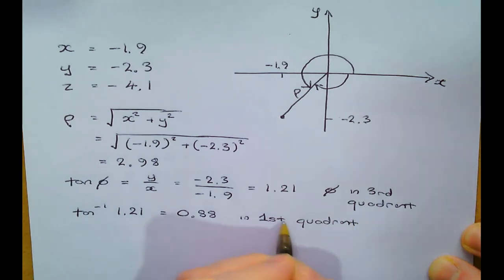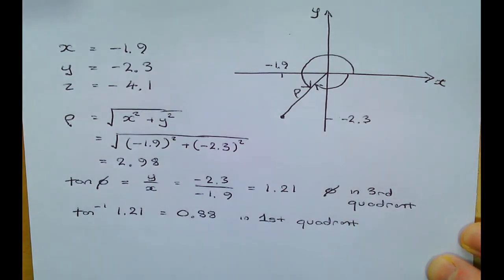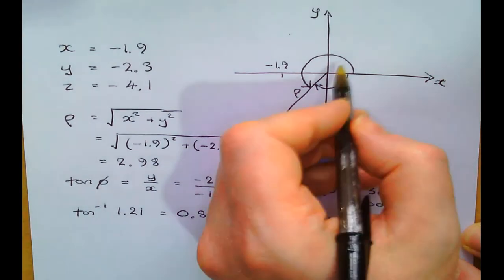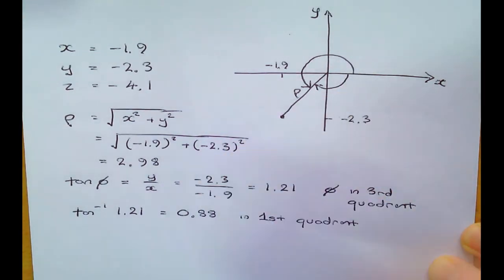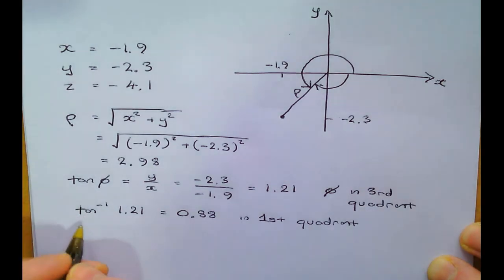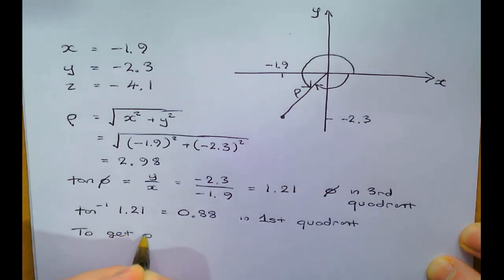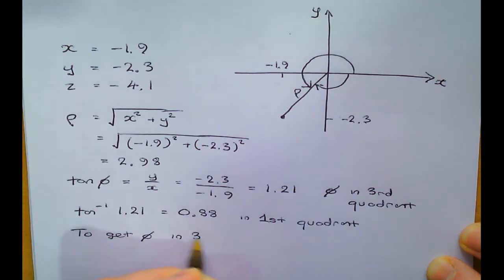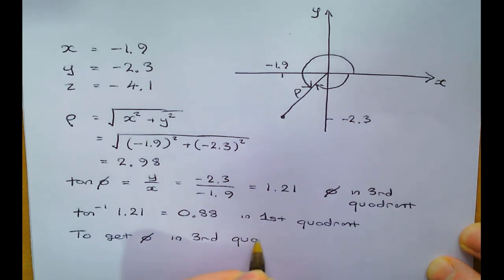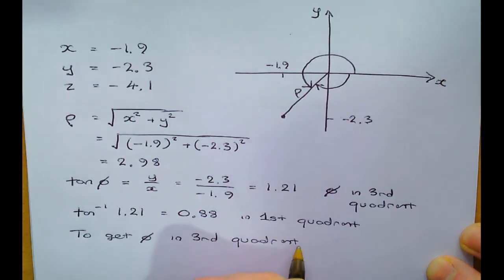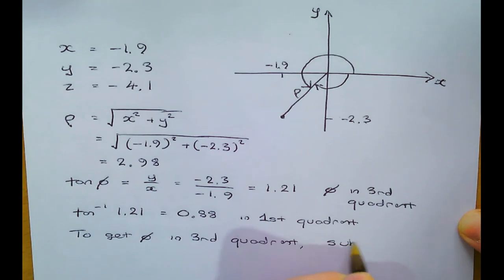But of course, this is in the first quadrant. It should be in the third quadrant. We get it in the first quadrant. So to put it into the third quadrant, we subtract pi. Remember, if you add or subtract multiples of pi, the tan remains the same. So, to get phi in the third quadrant, subtract pi.